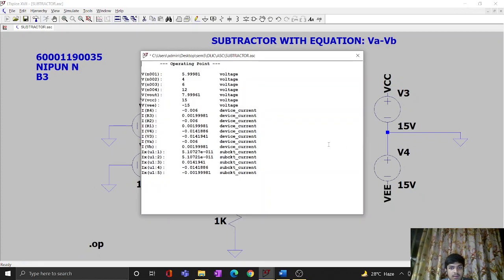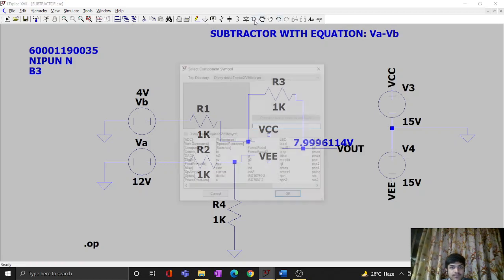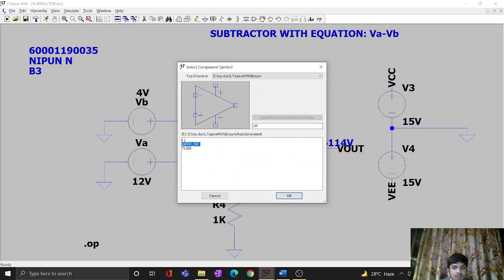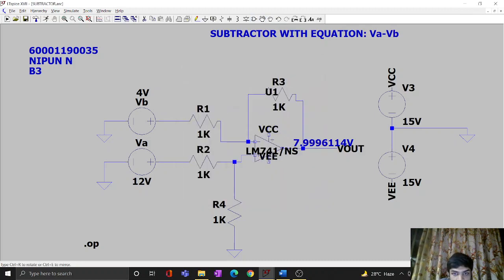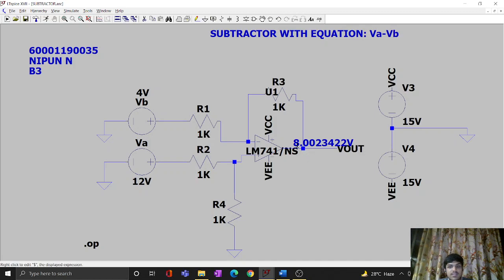On running, I should get 12 minus 4 as 8, and this is very close to 8. I can also do this with the LM741. I'll run the circuit. As you can see, the LM741 gives the value of 8.000234, being accurate as well.